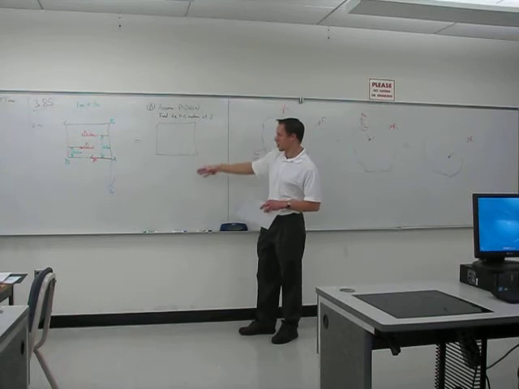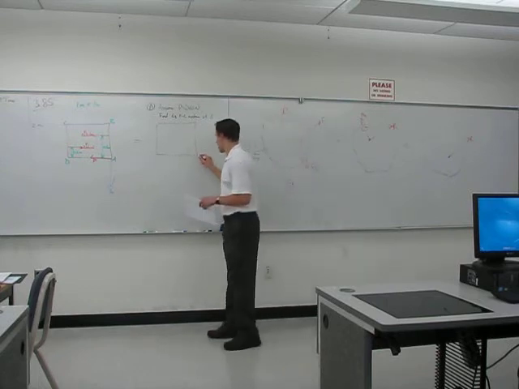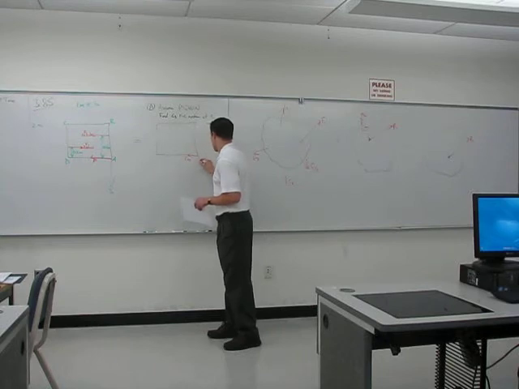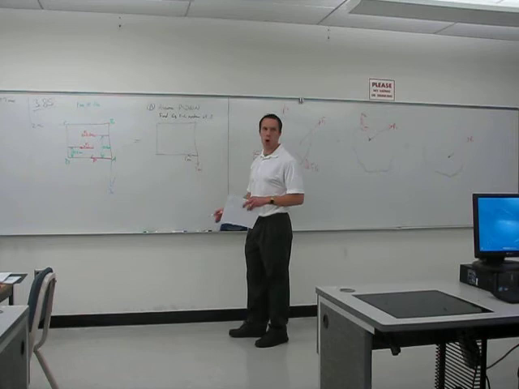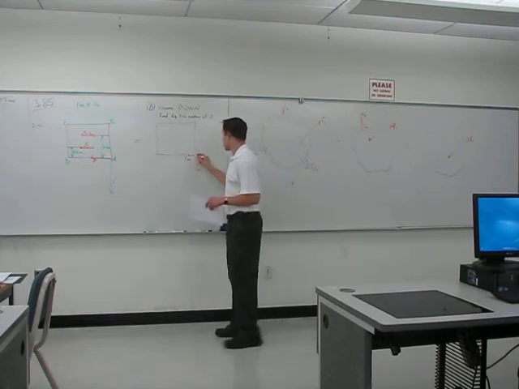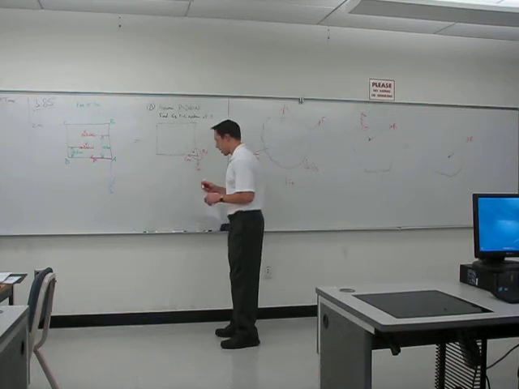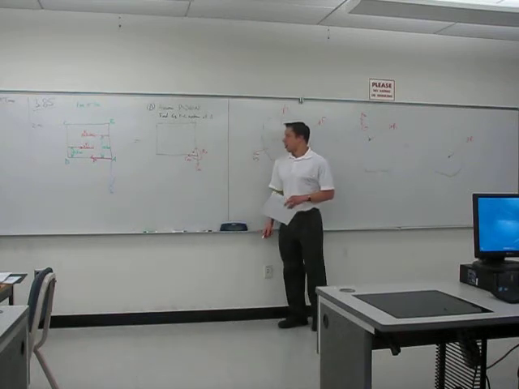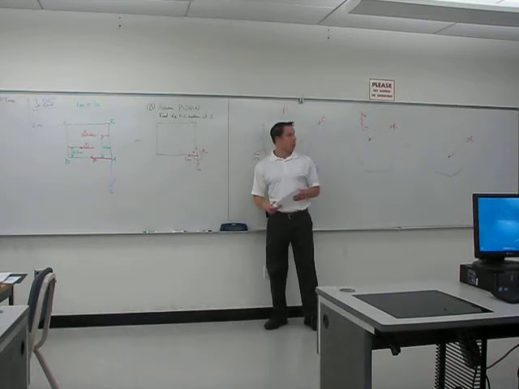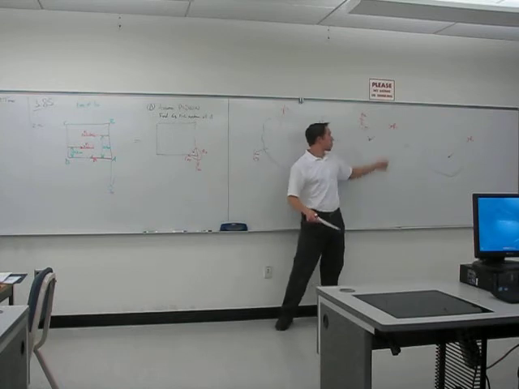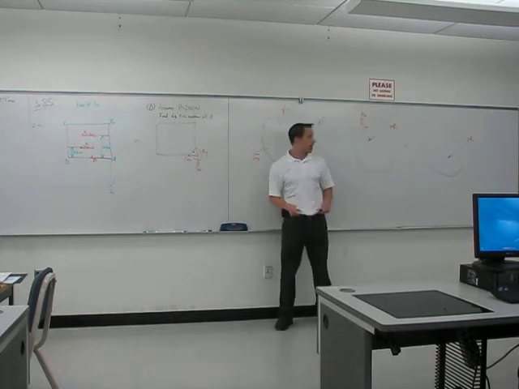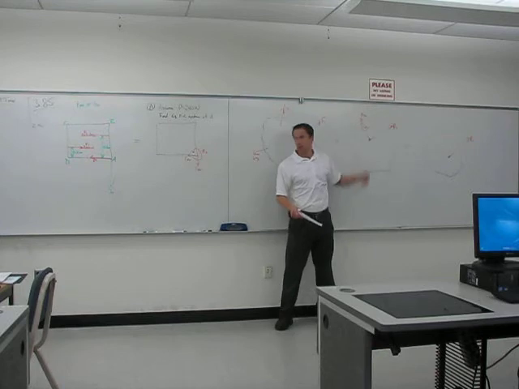So given the orientation of the x and z axes, I'll put here FAZ and FAX. And then I like to show some moment vector as well. I'll call this the moment around A. So FA is my force, that's going to represent my resultant force, and the moment around the point A is going to be my resultant moment vector.